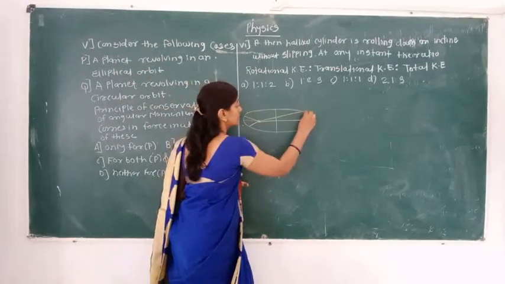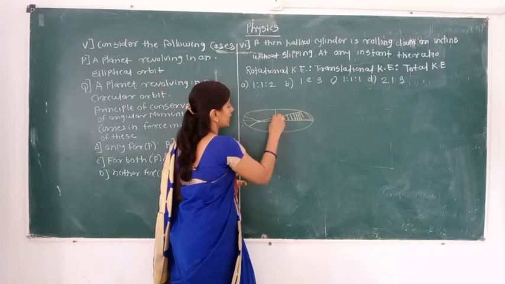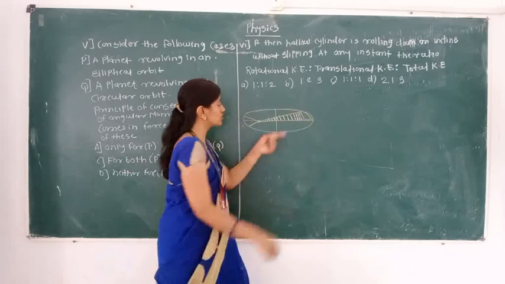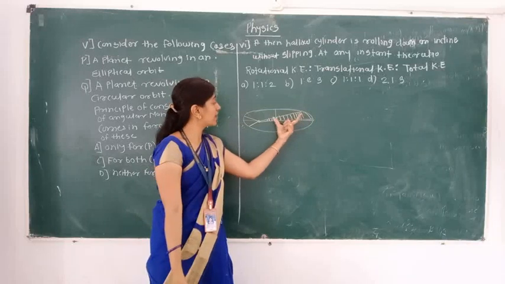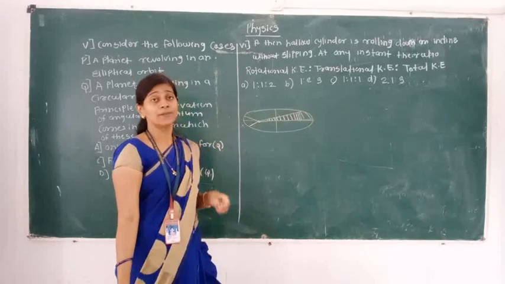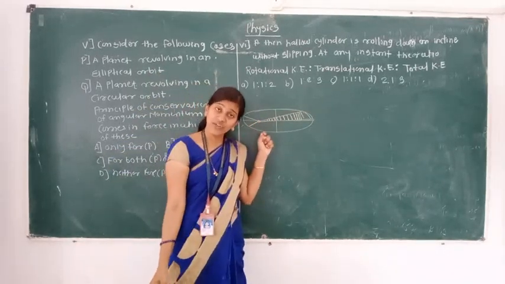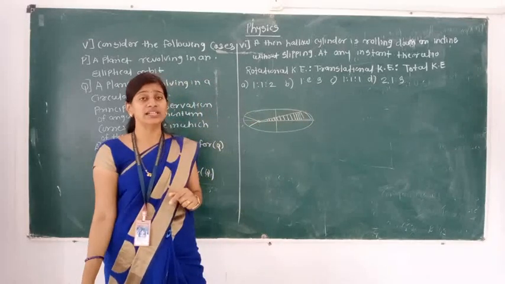From that law, the equal area is swept by the planet. These are the 2 positions of the planet. This area is equal to that portion also. That means here we learn that the equal area swept by the radius vector or position vector is equal in equal intervals of time.